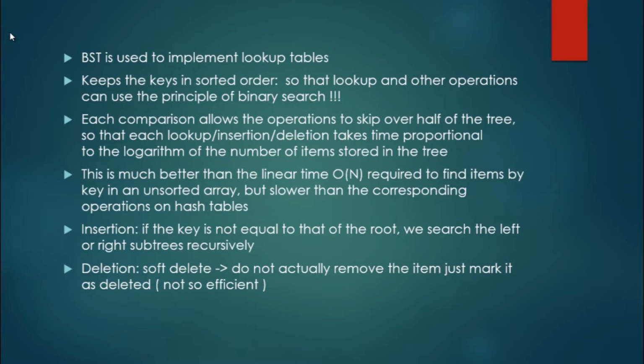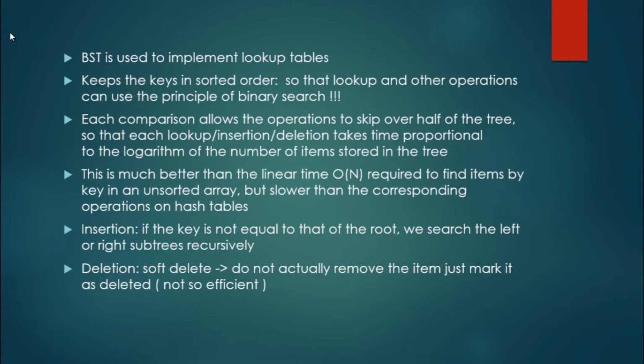And if you are familiar with the difference between linear search and binary search, that's the main point here: instead of linear time complexity, going sequentially through the array, we can jump to the middle and check whether, in the sorted array, it is greater or smaller than the item we are looking for. And on each iteration we discard half of our data. And this is happening here in the binary search tree.